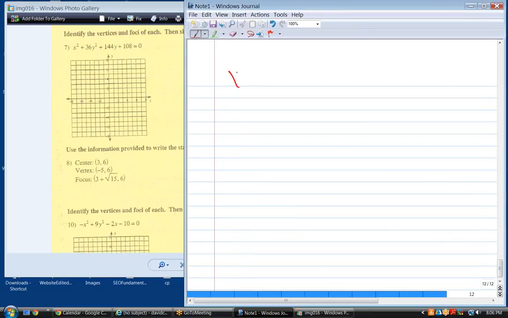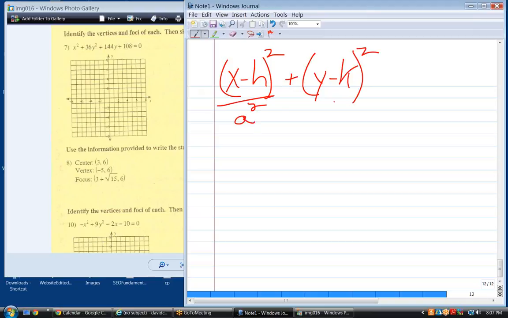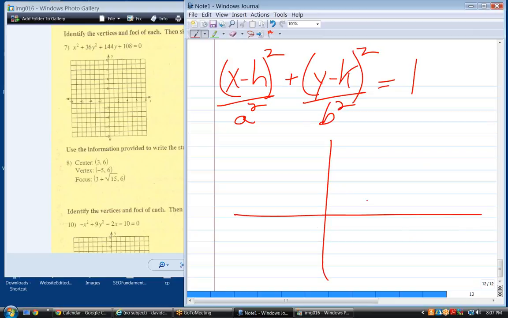Oh. It's very similar to a circle. Only I'm dividing that by a squared, I'm dividing that by b squared, and the whole thing's not equal to r squared, it's equal to 1. And what is a and b?